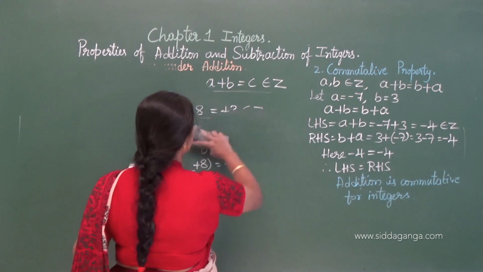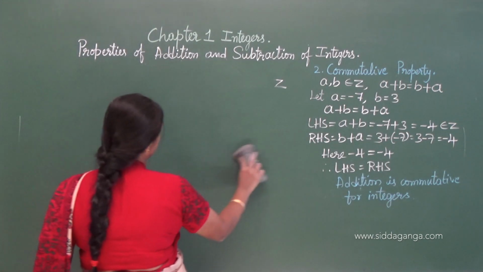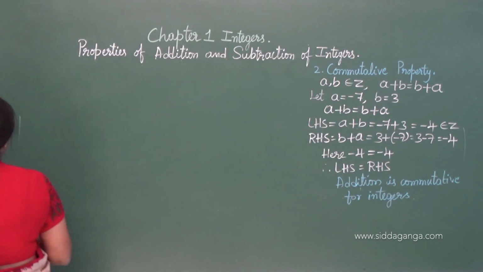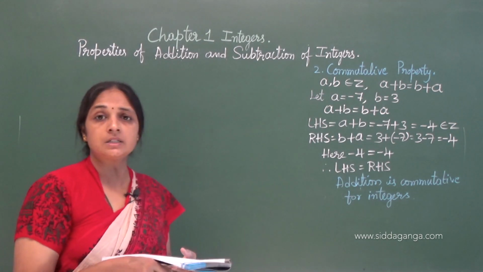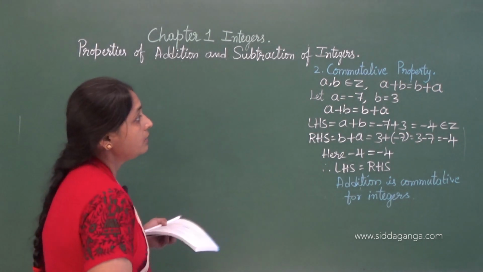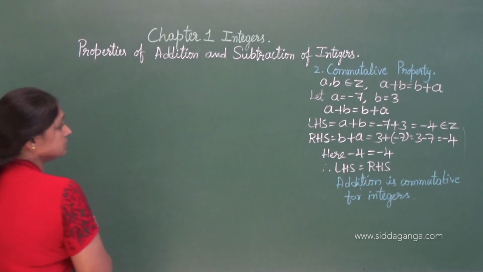Here we take a minus b and b minus a. We subtract b from a and a from b. If we get LHS and RHS equal, then we can say it satisfies the given condition.